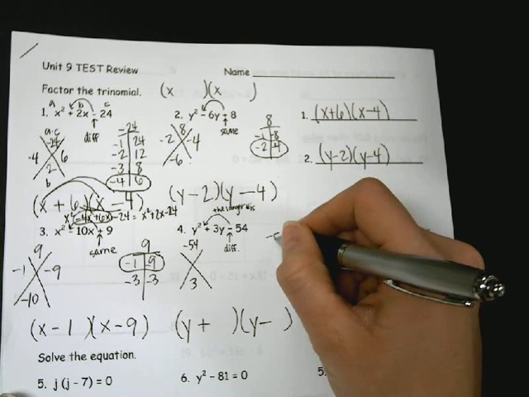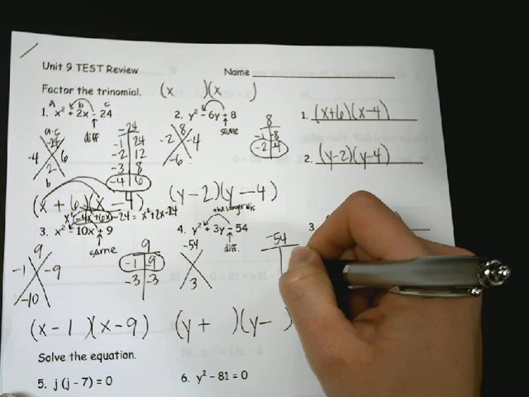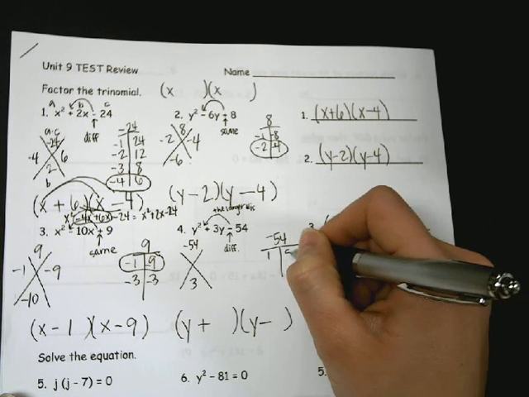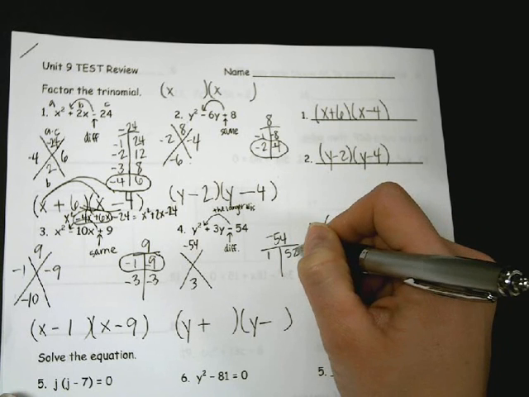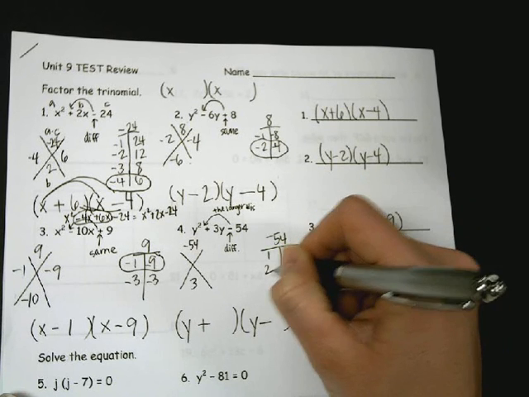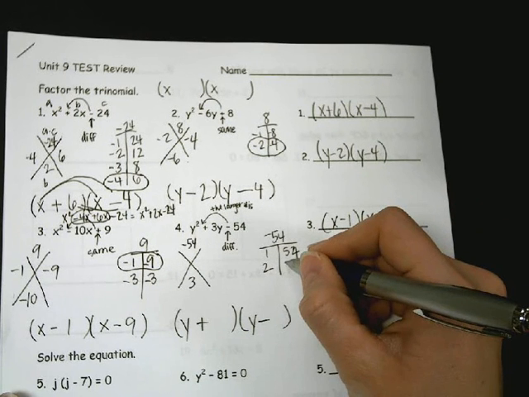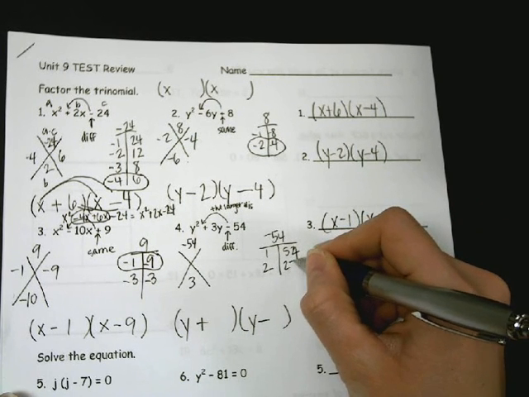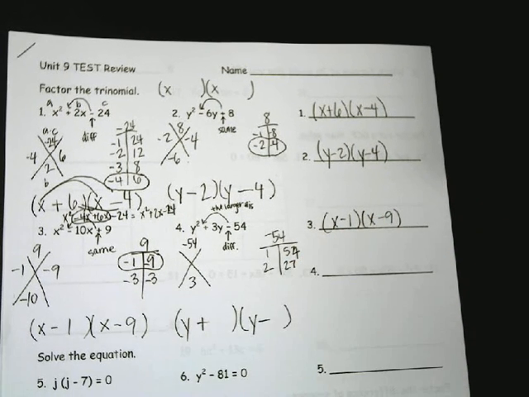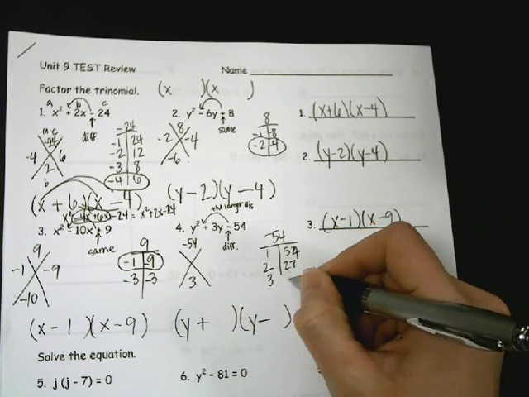It divides by 3, 3 and 18. 54 also divides by 6, or 6 and 9. It doesn't divide by 7, doesn't divide by 8, so we are finished with our factors.